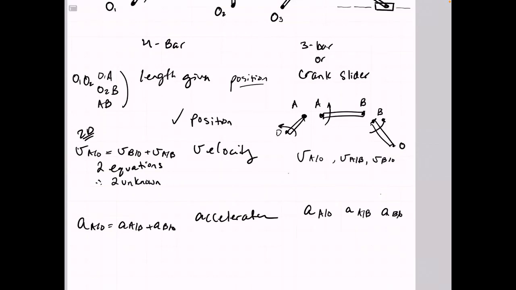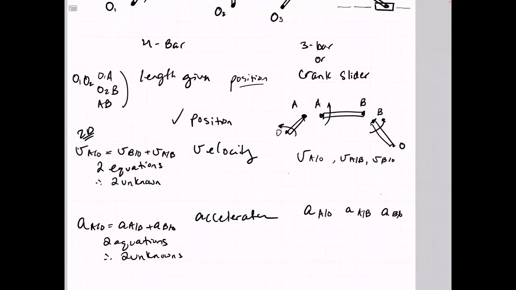Again, we have X and Y components. There are 2 equations, therefore 2 unknowns. So be sure as you're going through each of these stages to find your 2 unknowns. So let's go back and find the unknowns that are in these problems.